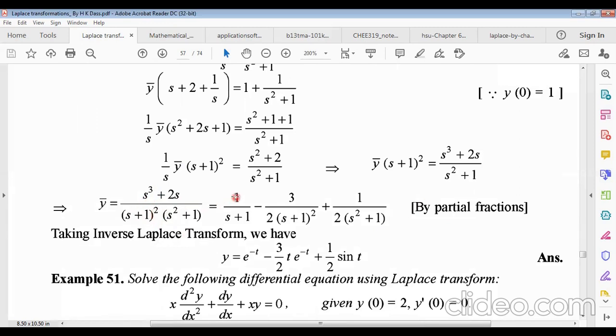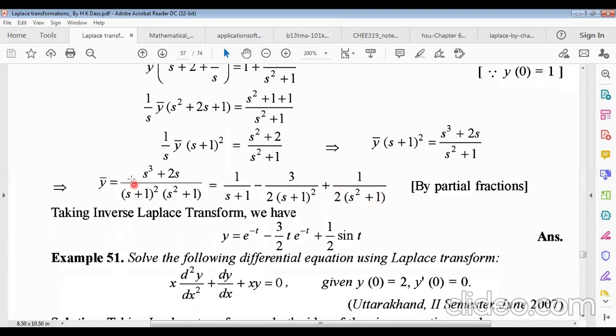A divided by s plus 1 and B divided by (s plus 1) whole square and Cs plus D divided by this. Okay, so first of all you have to learn how to make this partial fraction. Then taking inverse on both sides, we get easily this.